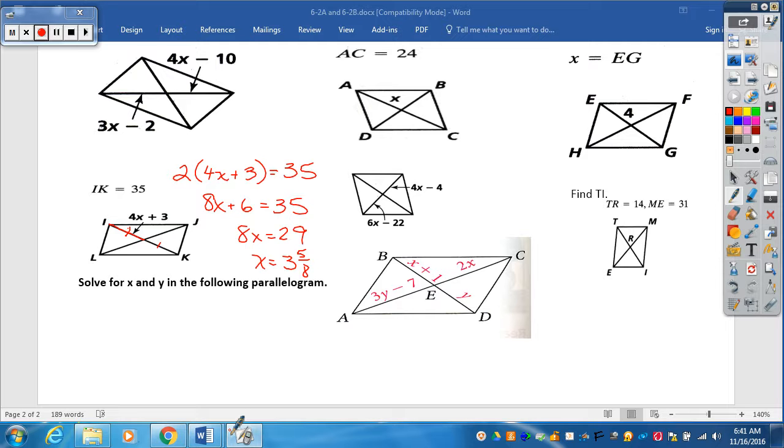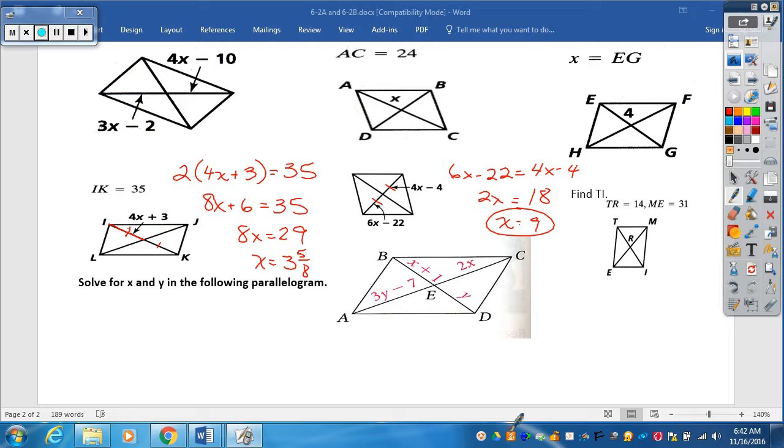Continuing the same process, this one might be easier for most people. Diagonals bisect. So we have 6x minus 22 equals 4x minus 4. If I go ahead and subtract 4x from both sides, and I add 22 to both sides, and then divide through by 2, I get x equal to 9. Okay. Again, might want to double check here.